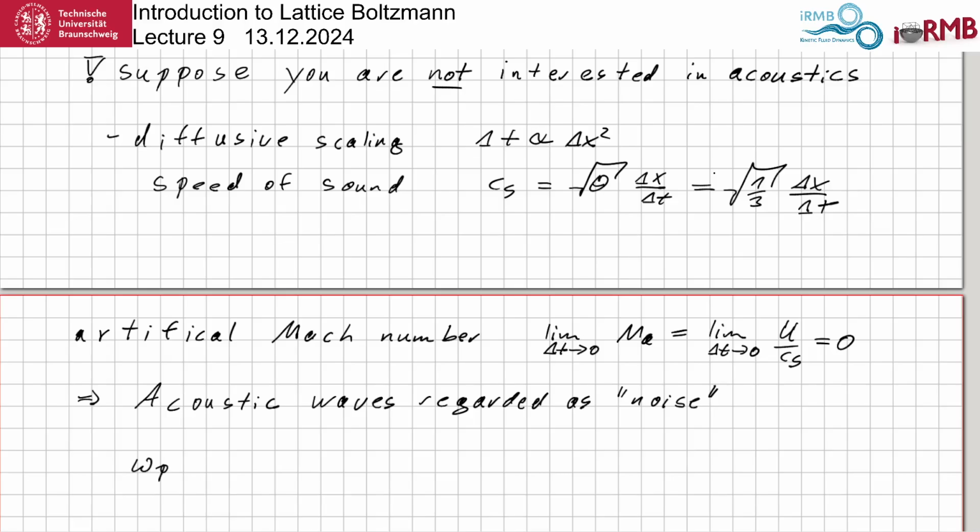Omega p: when we put omega p close to 1 or at 1, this will quickly damp acoustic waves, and then your noise is hopefully gone.